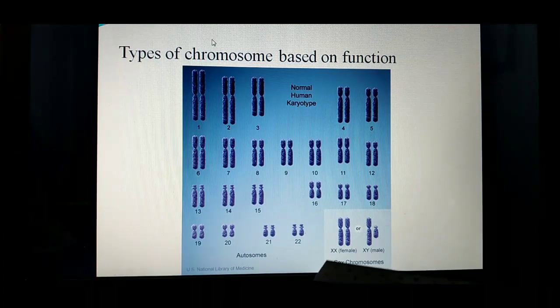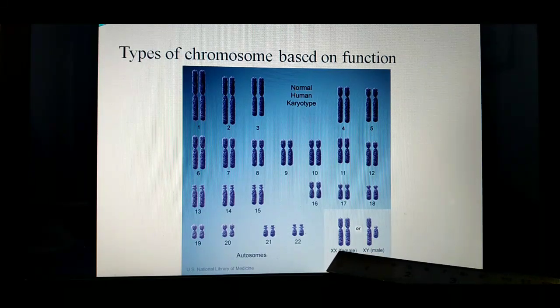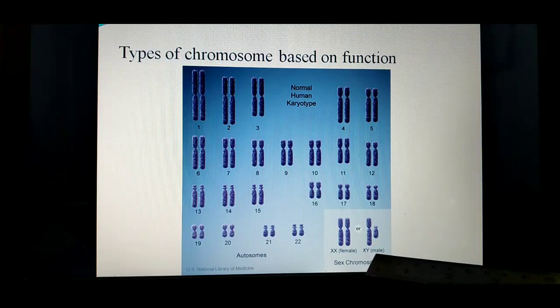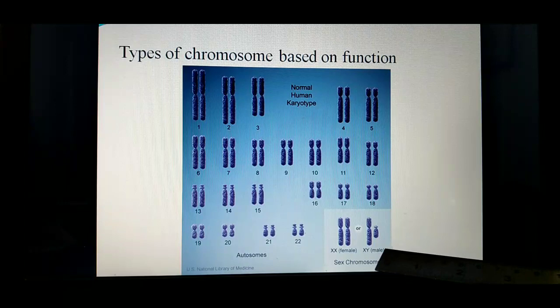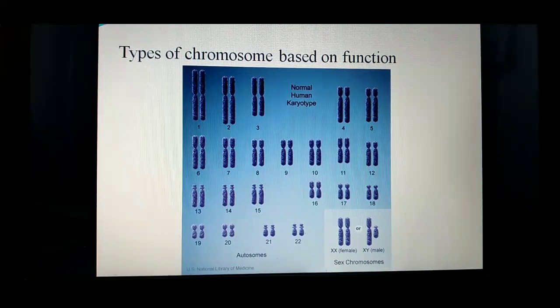If it is female, the same chromosome is there, that is XX. If it is male, the 23rd pair is X and Y chromosomes. Since it determines the sex of an individual, the 23rd pair is called the sex chromosomes.